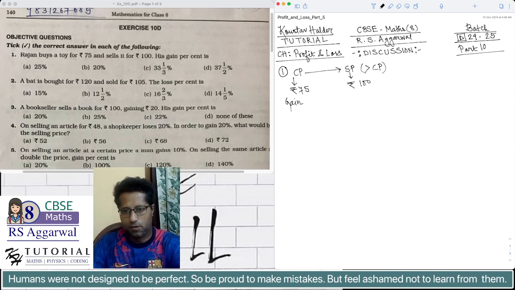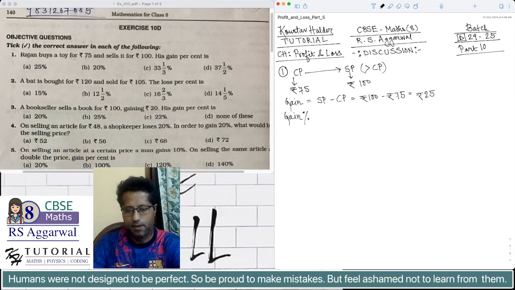So the total amount of gain is selling price minus cost price. This is equal to rupees 100 minus rupees 75. This is rupees 25. Now it has asked what is the gain percent. Now always remember that gain percent or loss percent is always based on the cost price.